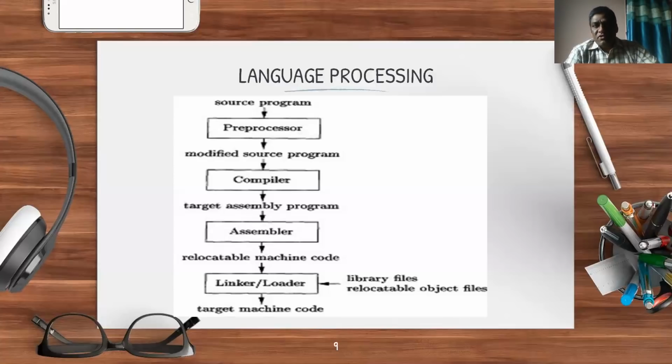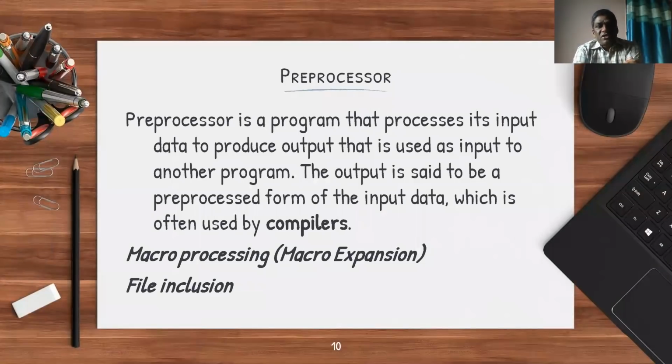Another job of the preprocessor is macro expansion. One job is file inclusion, as I told you just now. Another job is macro expansion. For example, in C language, you know how to declare macro constants by using hash define. Let us say hash define, some variable max, space 20.